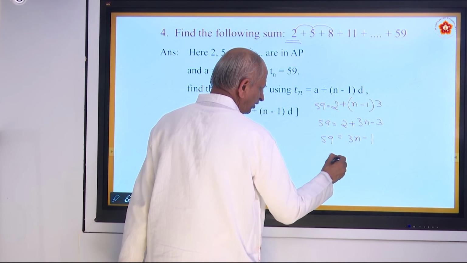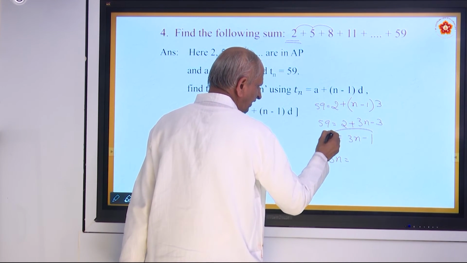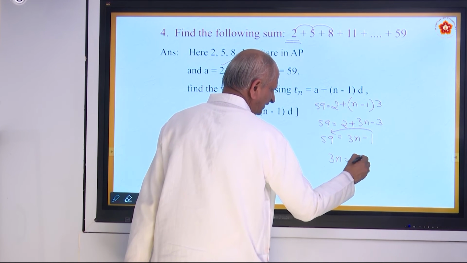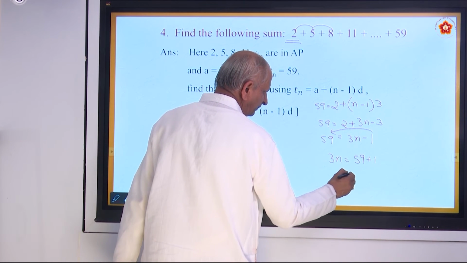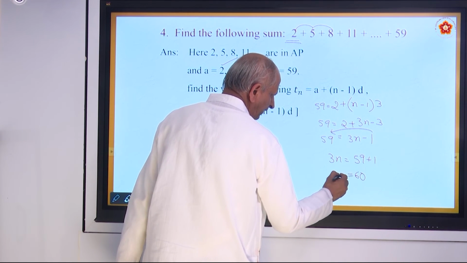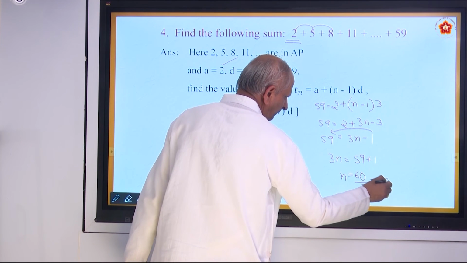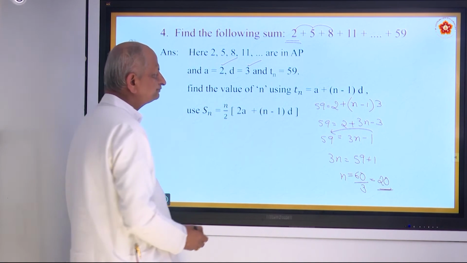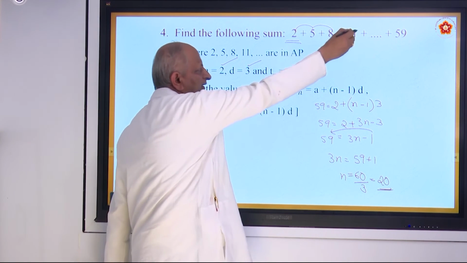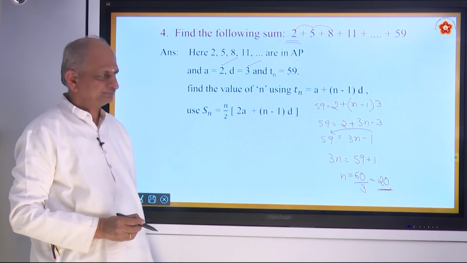So 3n is equal to 59 plus 1, that becomes 60, n becomes 60 by 3, that is 20. So number of terms is 20. From this to that, there will be 20 numbers.